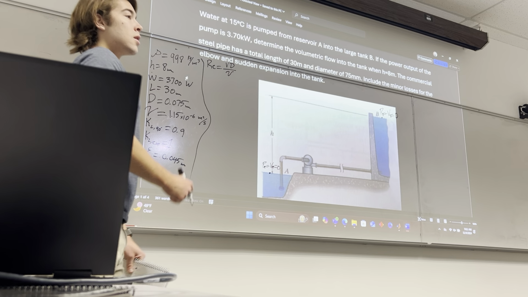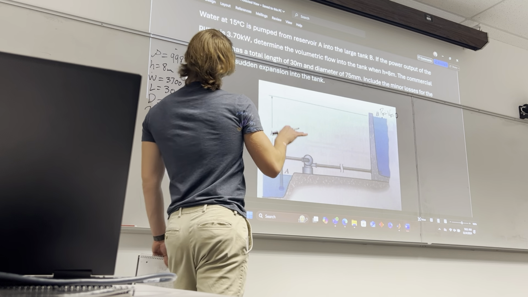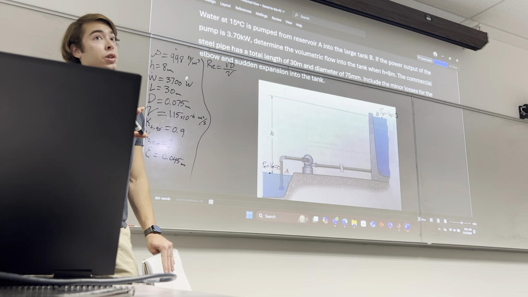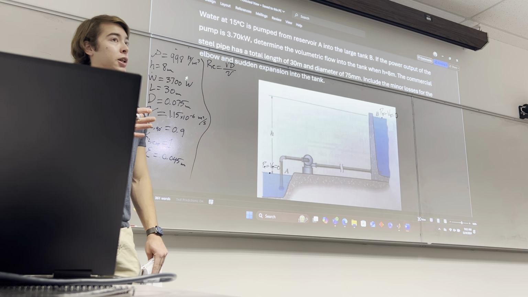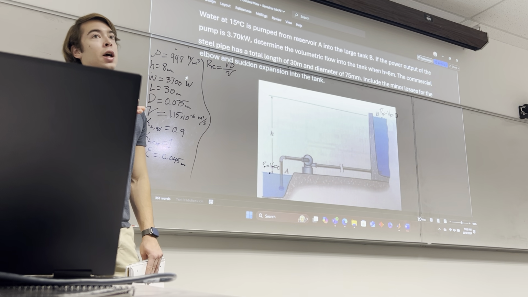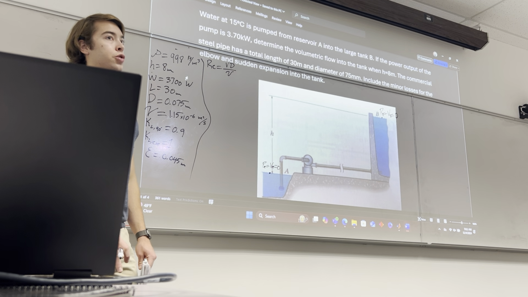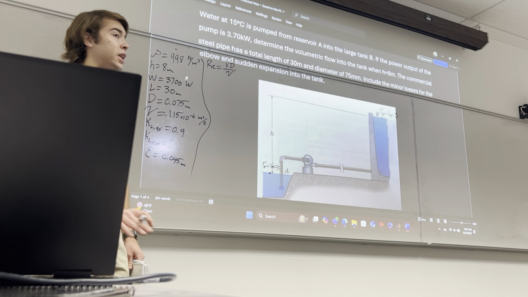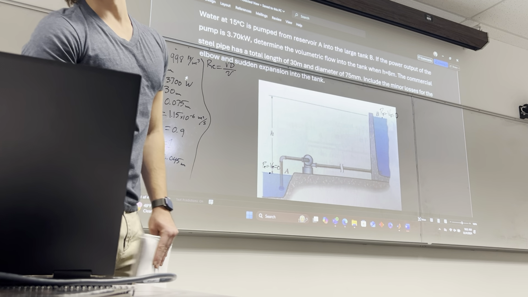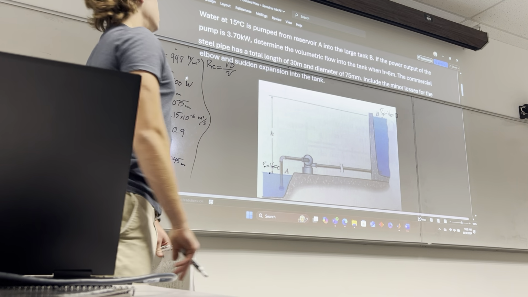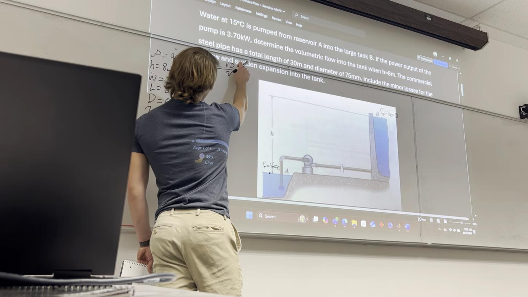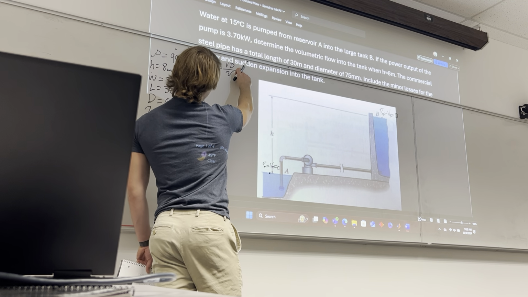But if you notice, we don't know any sort of velocity value, which, spoiler alert, is going to make this problem really, really hard. If you can't find a velocity value straight away within the first couple steps of your problem, it's going to be a tricky one. So for now, we're going to solve everything in terms of this random velocity value that we're going to find later. We know our kinematic viscosity, and we know our pipe diameter.